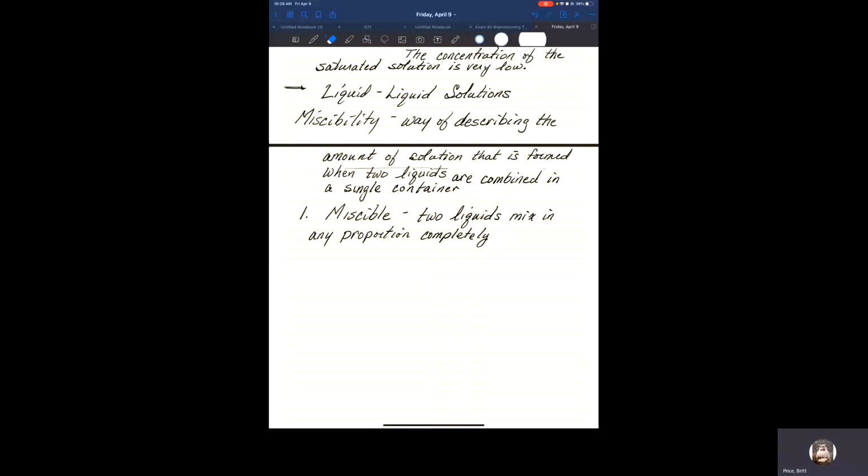The second one would be partially miscible.